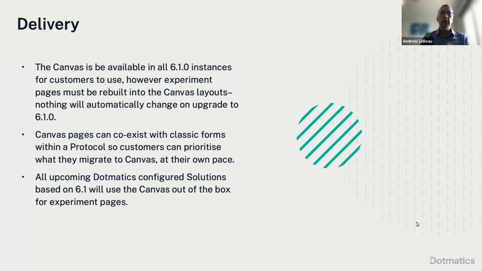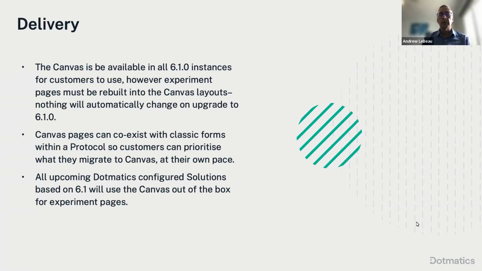Don't expose it to users at this time, get it all set up, maybe do some testing, and then you can flip from the older style to the new style. So the control of when you start to expose the use of the new forms is completely your own choice. I will note that all Dotmatics solutions going forward will have the new Canvas forms out of the box for those experimental pages.